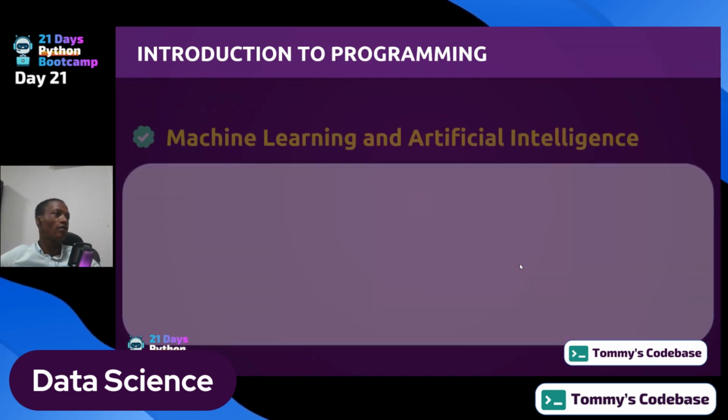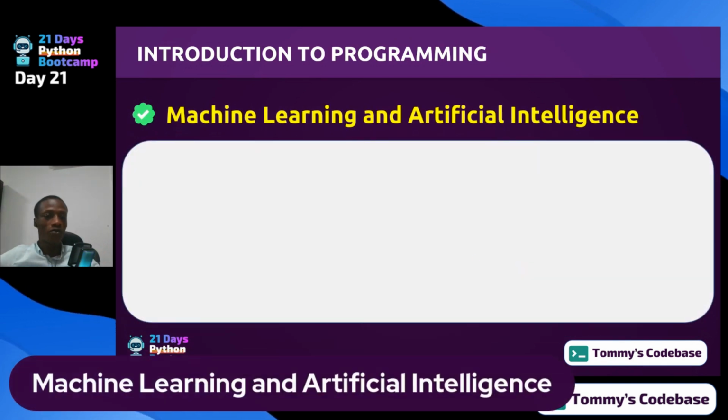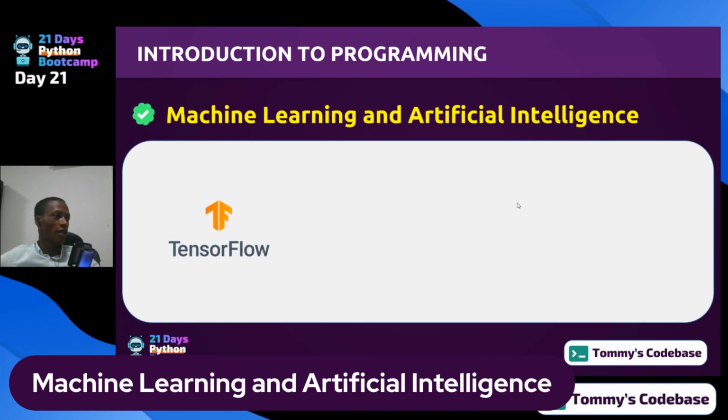After data science, there is also another area that you may want to explore. If you are the type who wants to go into machine learning and artificial intelligence, well, Python has some packages for you that you can use. For machine learning and artificial intelligence, you can explore packages like TensorFlow, a very popular one.